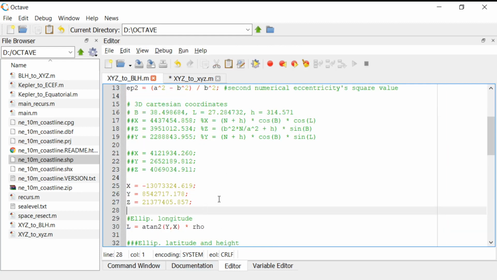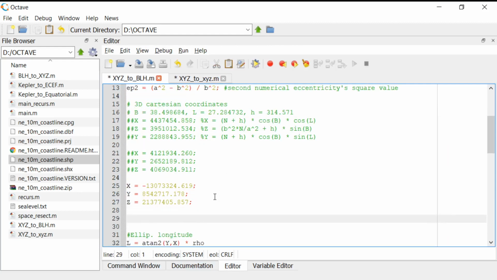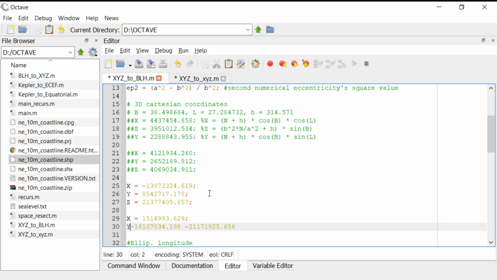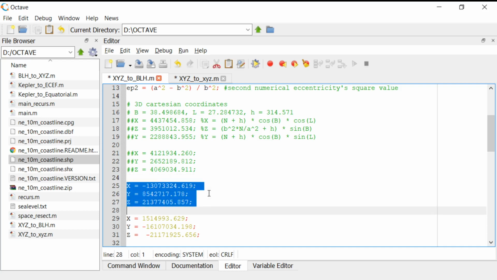So let's give x, y, and z equal to these values: y is equal to this value, and z will be equal to here. I can comment out this part here. So let's run.